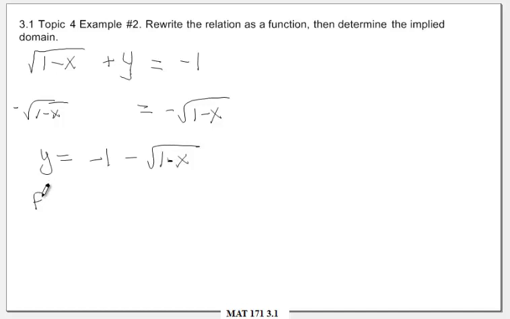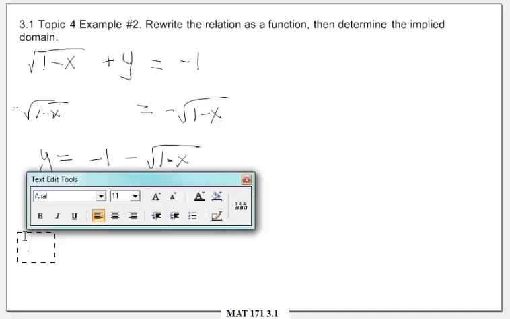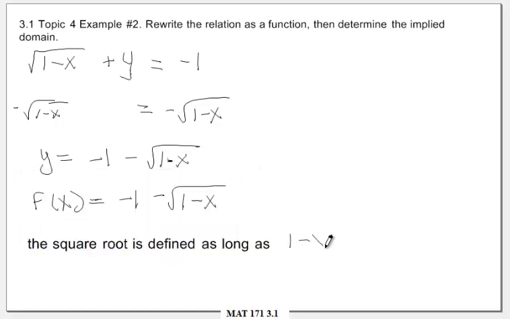So our function is f of x is equal to negative 1 minus the square root of 1 minus x. The square root, I'm going to type this in because it's easier, is defined as long as 1 minus x is greater than or equal to 0.